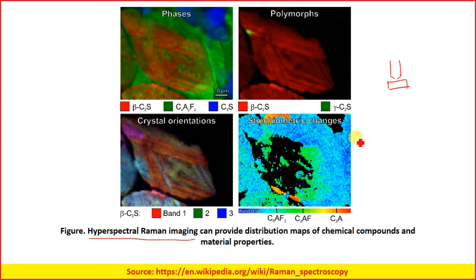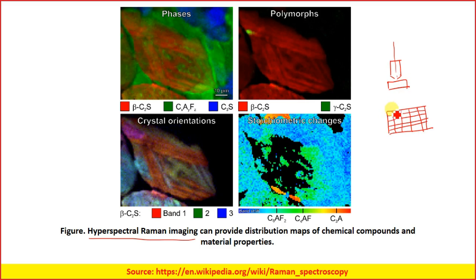So it basically does this: you have the sample like this, then the objective of the microscope, through which the light falls onto the sample, and then again moves into the optics of the system. It looks at the sample as having an array of small areas.